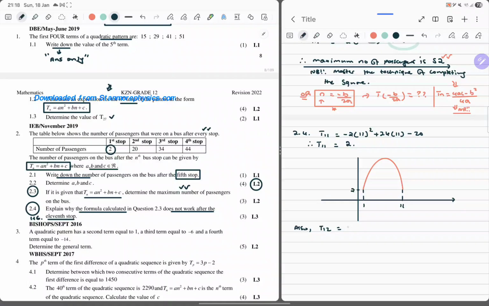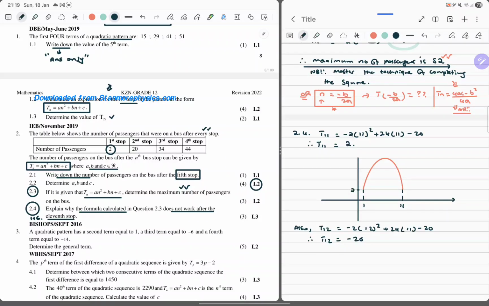Term 12 is minus 2 into 12 squared plus 24 into 12 minus 20. We got minus 20. So the next term here is negative.